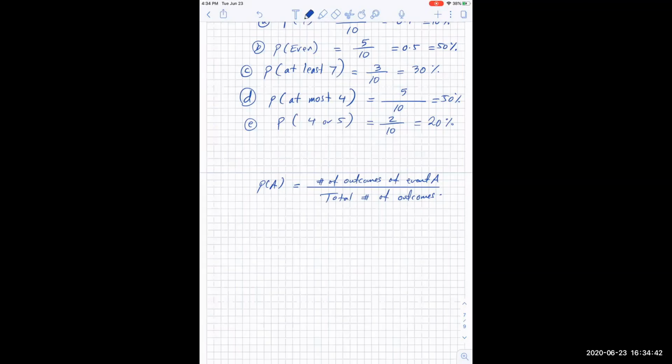All right, so let me think. So we talked about the notation, the properties of probability. Okay. Example.